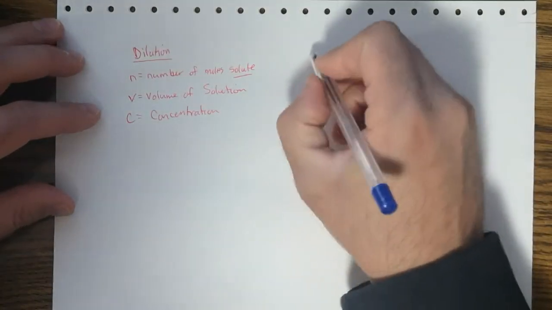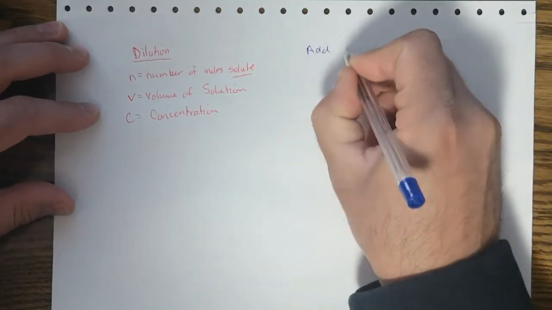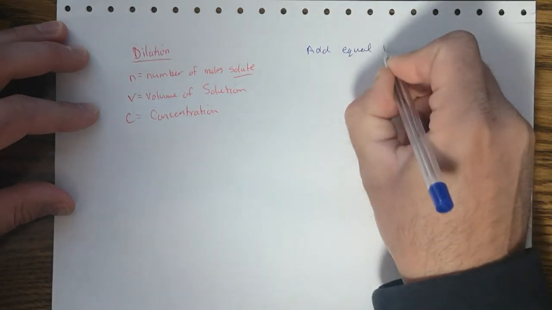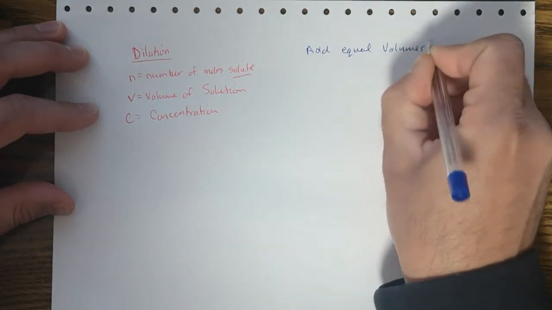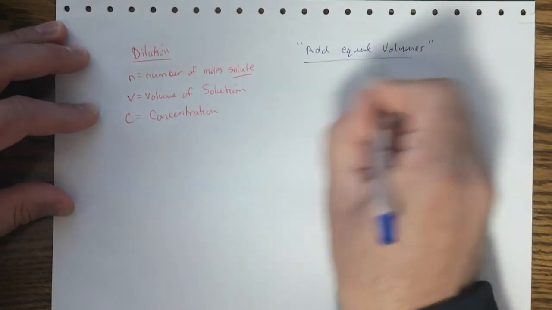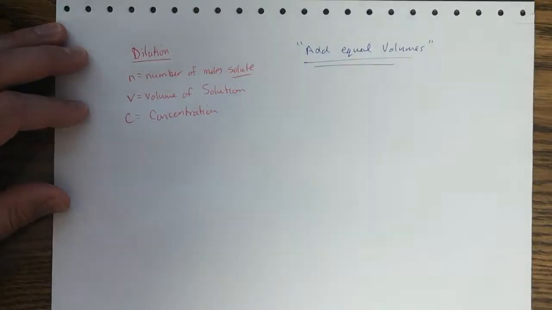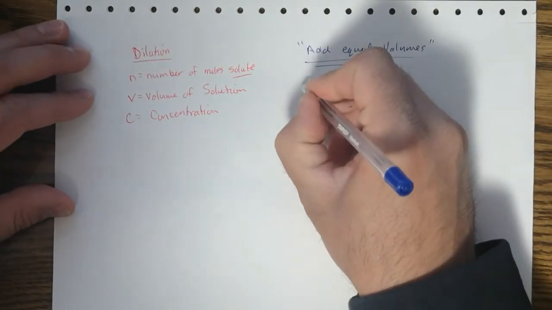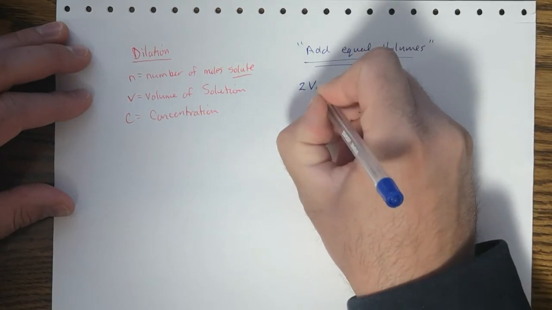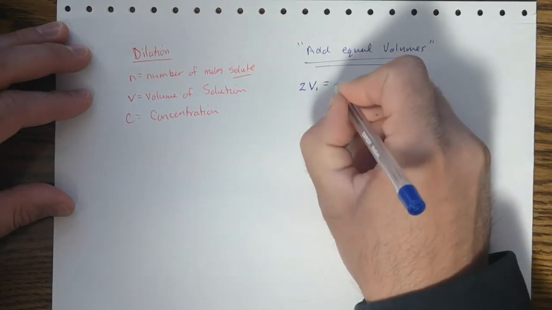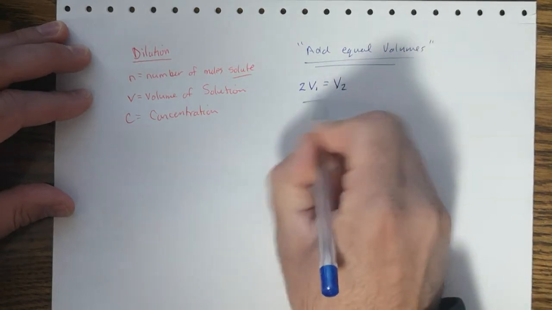Now, one thing we were told in the previous question is that when we add equal volumes, what does that mean? Well, when we add equal volumes, that means that 2 times our initial volume is equal to our final volume.